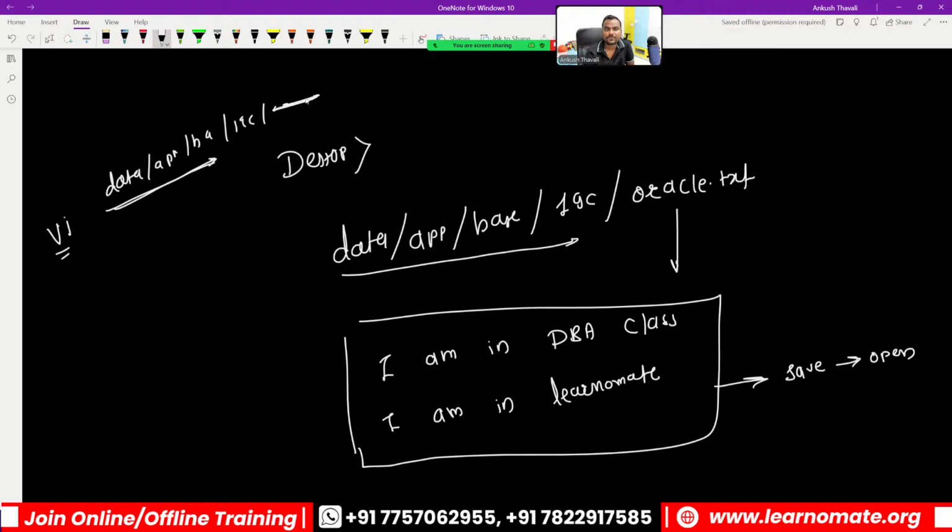It is like the cd command only. If you do cd /home/learnomate/desktop, it will directly go to the desktop location, right? Similar way, vi and the complete path, so that file will be created under that location. Okay, so you can try like that.